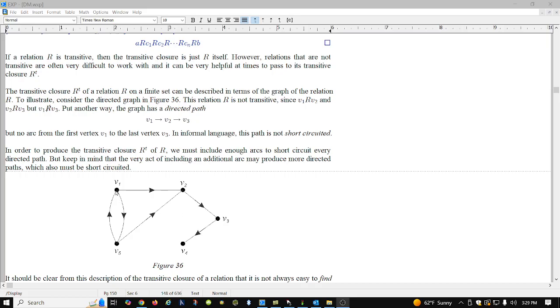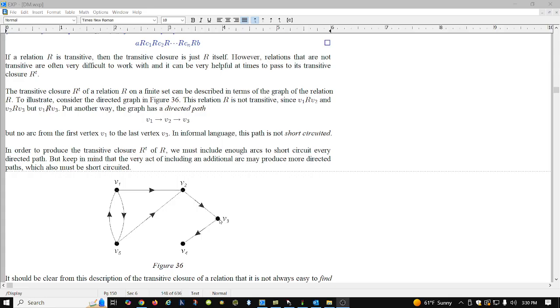So we can say the one reason this graph is not the graph of a transitive relation, I'll just call it a transitive graph, is because there is a directed path of length 2, and this path is not short-circuited. A short circuit would go from V1 to V3. That's an electrical term, and this doesn't quite fit.